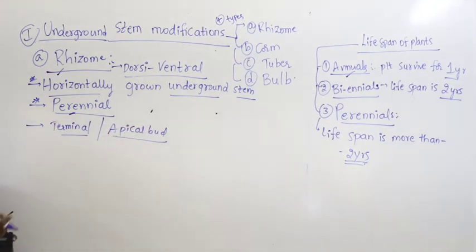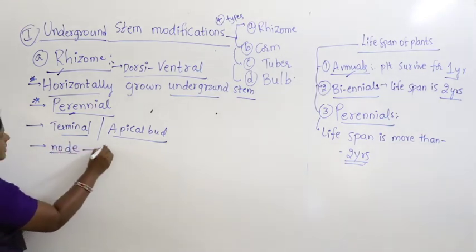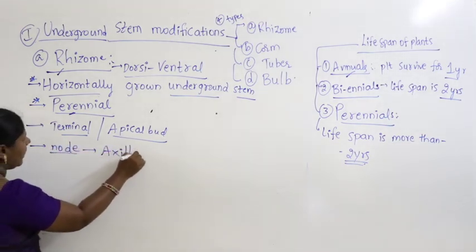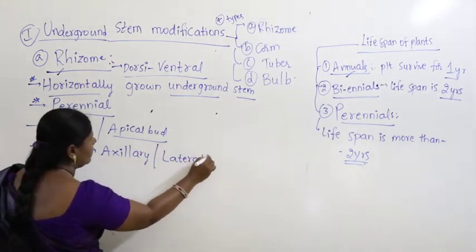The tip itself is called the terminal or apical bud, where growth occurs, that we know. Similarly, what arises from the node is called the axillary bud, or lateral bud.